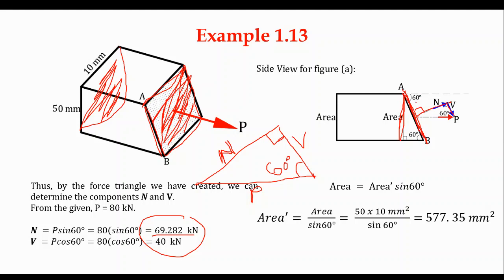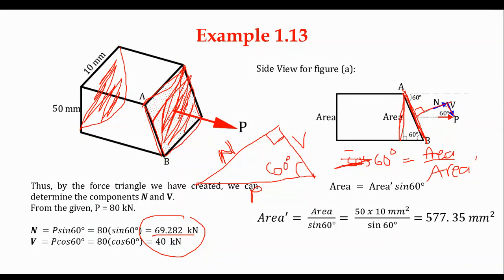Okay, so if 60 degrees na dera, 60 degrees pud na dera, so we can say that cosine 60 degrees equal to area over area prime, where area prime is the inclined area. So solve for area prime. So ang nahitabo, area divided by, oh sorry, it's not cosine 60.